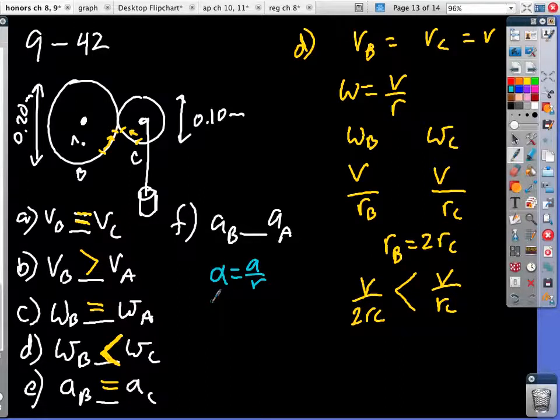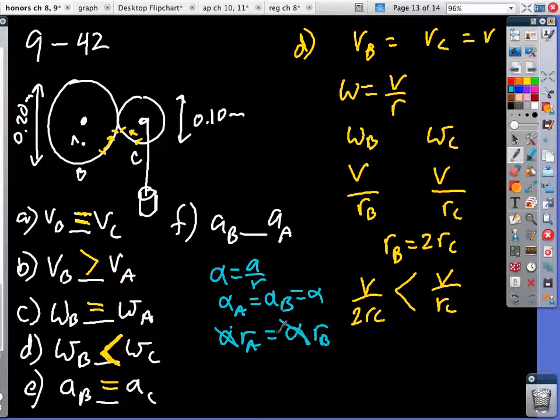The angular acceleration of A will equal the angular acceleration of B, which just equals alpha. So A is equal to alpha times R. This is RA, this is RB. These alphas cancel, and RB is bigger than RA.